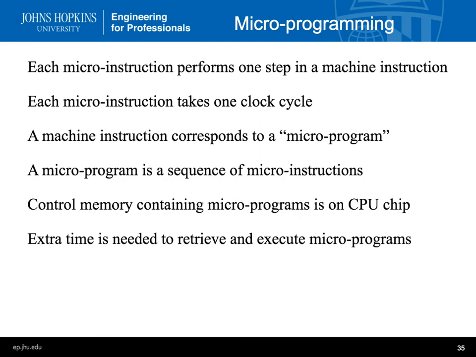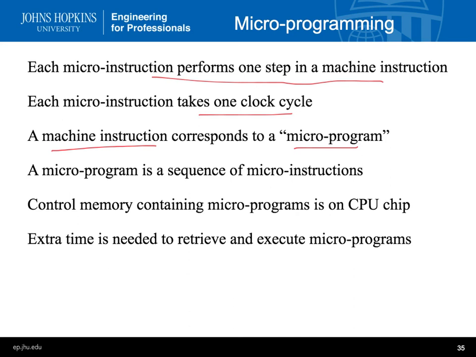So, going through all this, each micro instruction is 1 step, takes 1 clock cycle, and goes through the whole data path. A machine instruction, your 32-bit instruction that we studied the last couple weeks, is going to make a micro program.